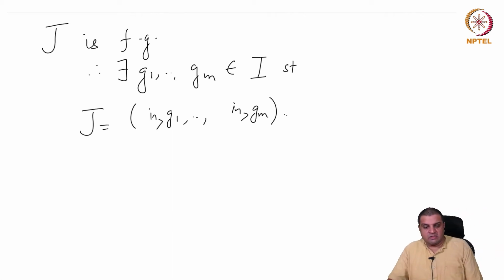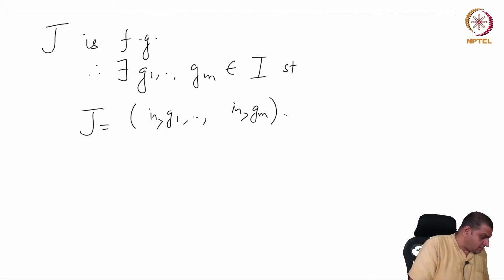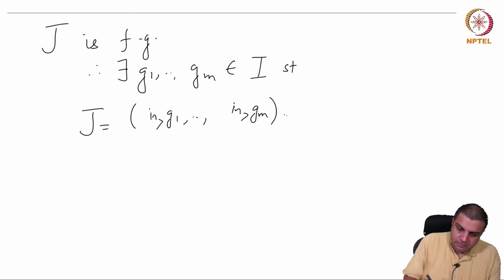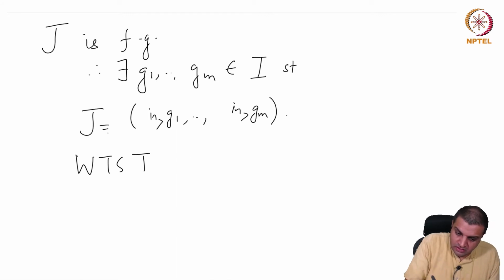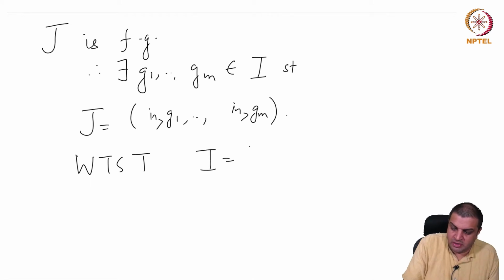A generating set for J is the initial terms, and by Dickson's lemma there's a finite set, and they are initial terms of some elements from I. Call those elements of I G1 through Gm. So J is this, and our claim is that if J is generated by the initial terms of these, then I is generated by those elements themselves.